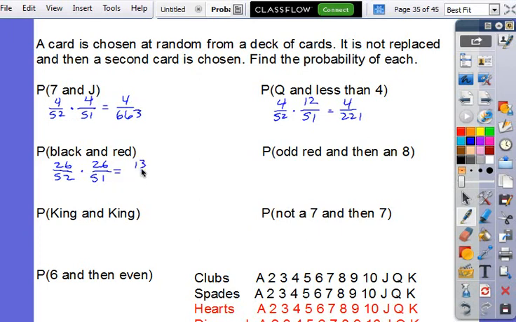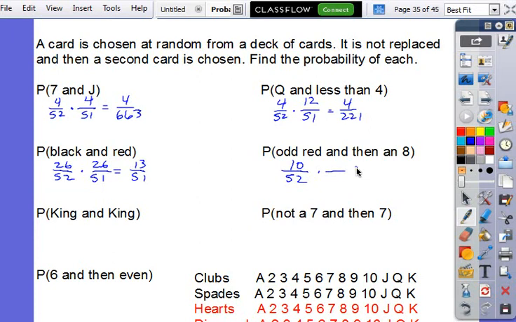All right, an odd red, and then an 8. How many odd red cards are there? Odd red. The aces, the 3s, the 5s, the 7s, the 9s. There's 10 that are odd and red at the same time. Times the 8.